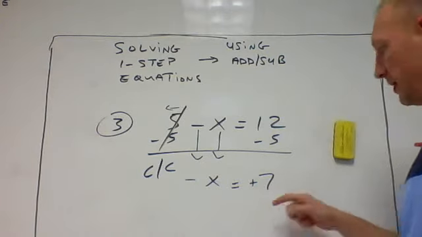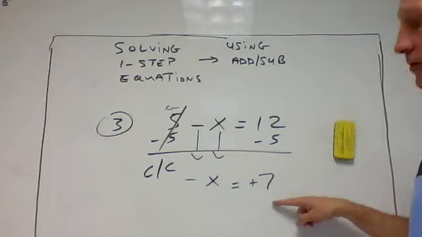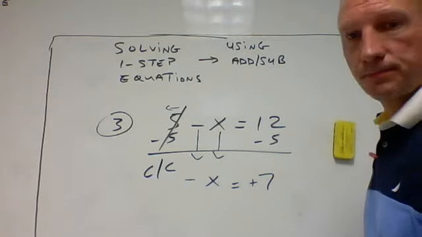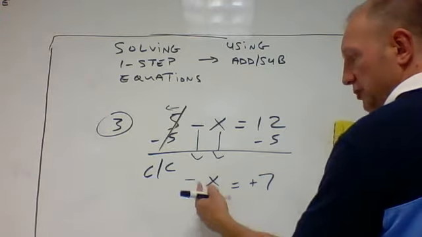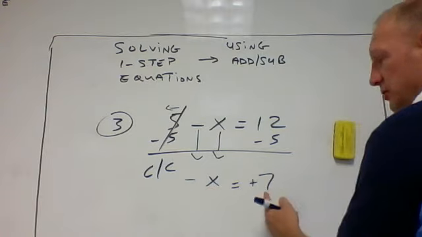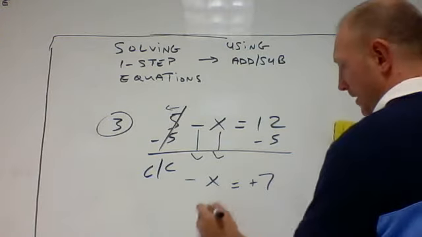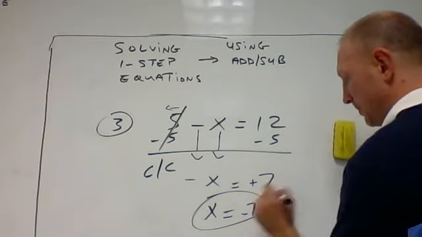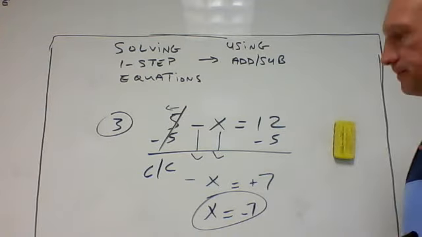Dividing by negative 1 is always going to change the sign, no matter if this is positive or negative. So I just say change the sign of this side and change the sign of that side, and it works out correct mathematically every time. So it's going to be x equals negative 7.